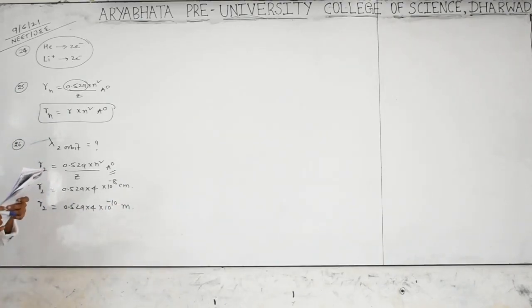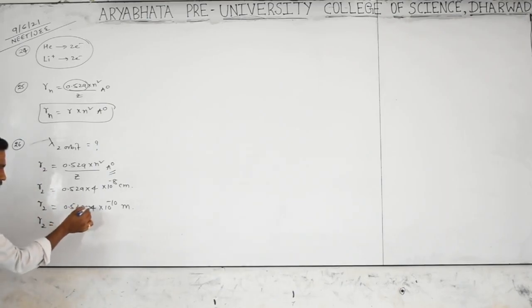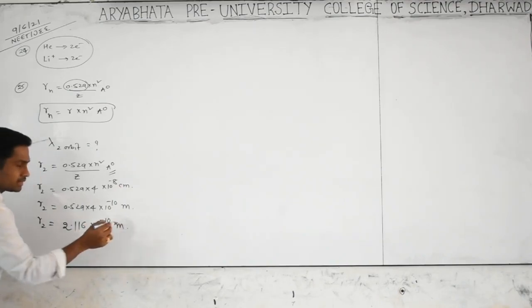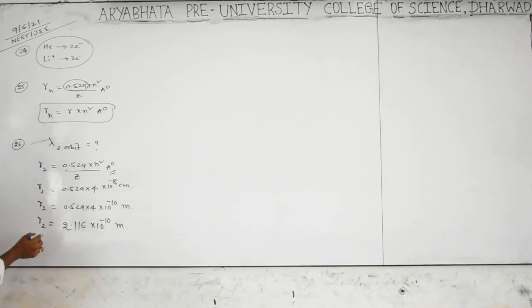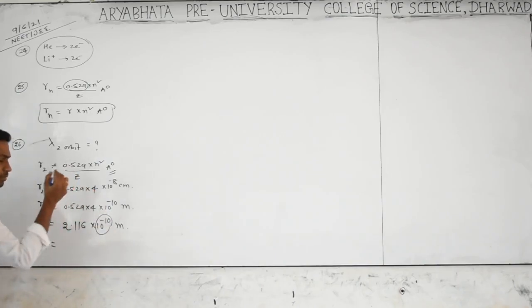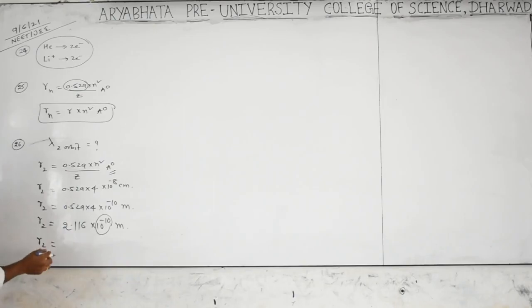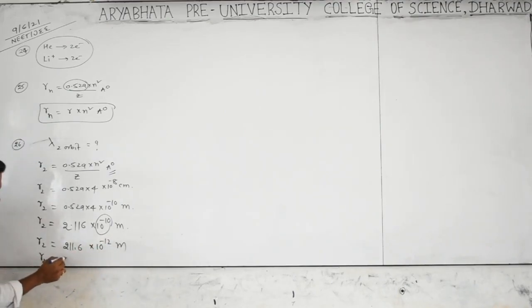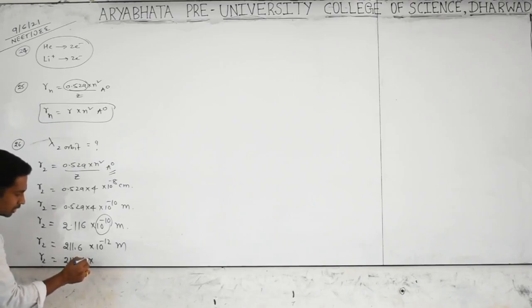But the answer is asked in picometers, so better convert here only. 4 9s are 36, 4 2s are 8, 8 plus 3 is 11, 4 5s are 20, 20 plus 1 is 21, so 2.116 into 10 to the power of minus 10 meters. Pico means 10 to the power of minus 12, so we shift to the right side: 211.6 into 10 to the power of minus 12 meters. We can make R2 as 211.6 picometers.